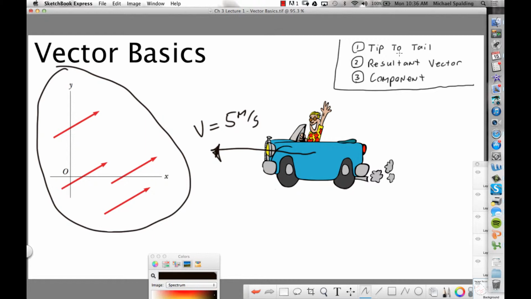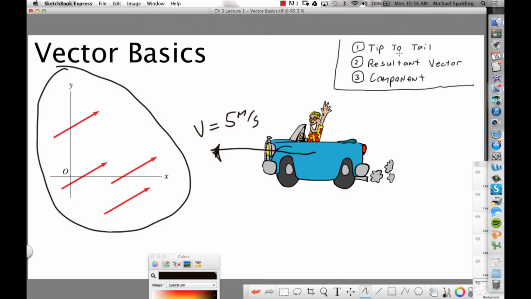And then the next thing I want you to know about the resultant vector, arguably more important: the resultant vector always goes from the tail of the first vector being added to the tip of the last vector being added.